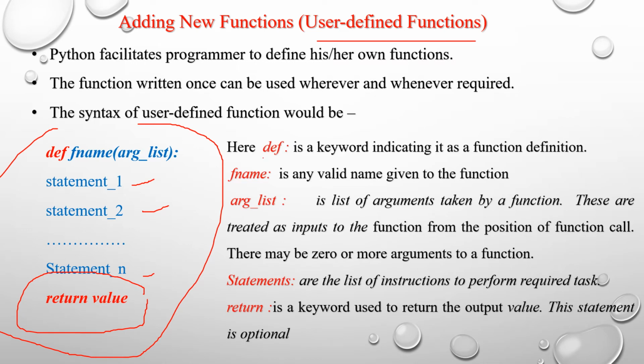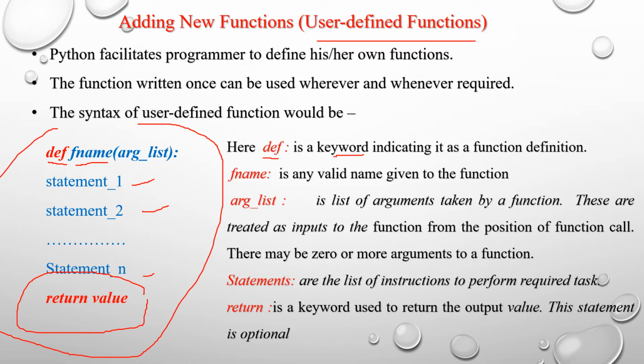Here def is the keyword indicating a function definition. The function name, fname, is a valid user-defined name given to a function. The argument list is a list of arguments taken by the function.